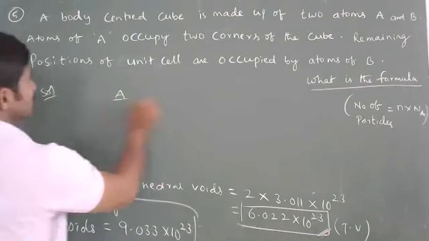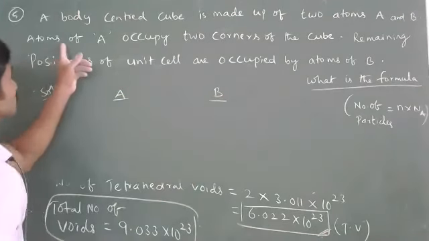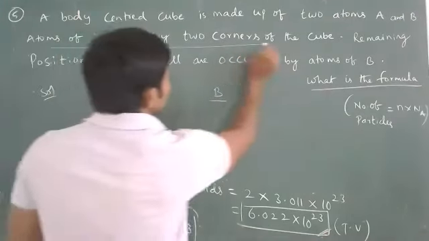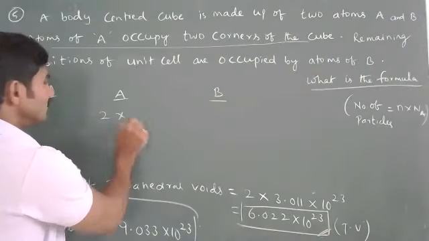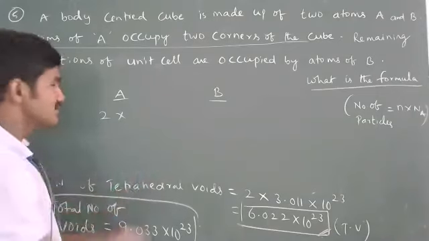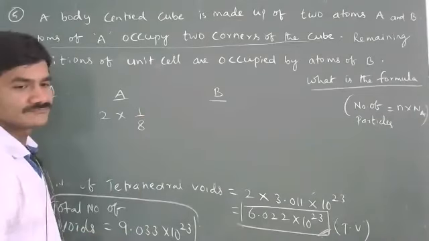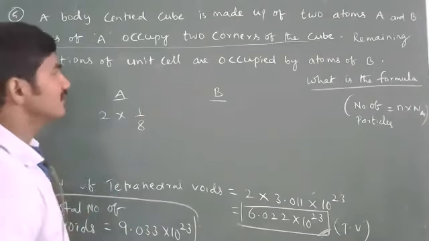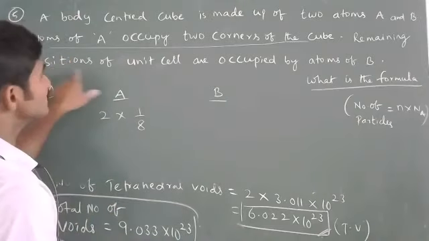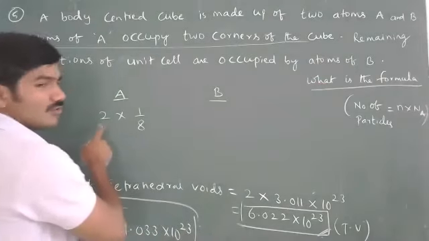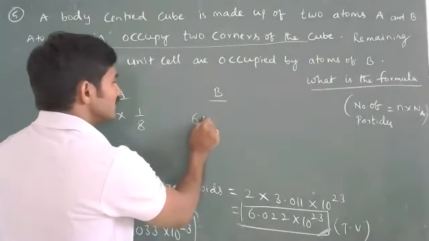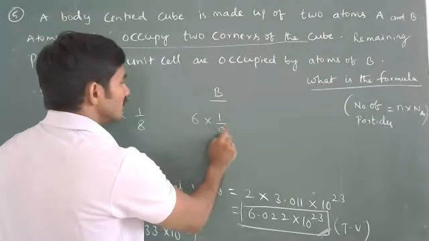You see, A, B. So atoms of A occupy 2 corners, only 2 corners. So 2 into each corner shared between how many unit cells? 1/8. Okay, corner sharing is 1/8. Next, remaining positions of the unit cell are occupied by B. Remaining positions means out of 8 corners, 6. 6 into 1/8.